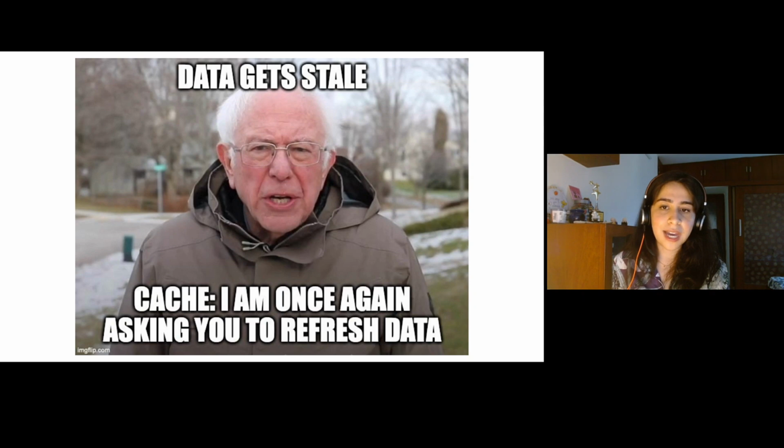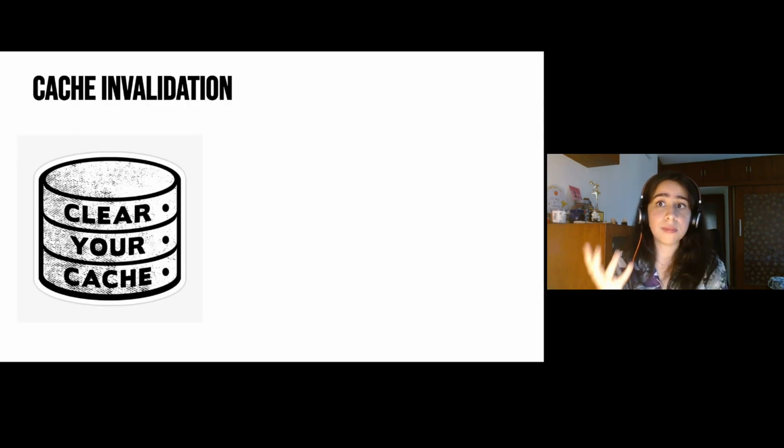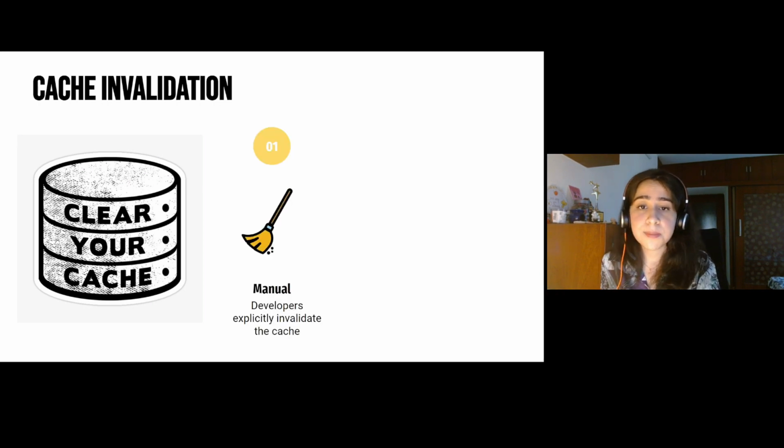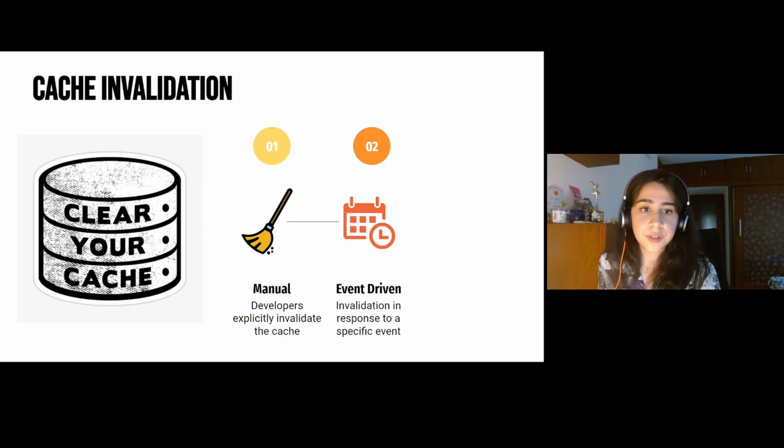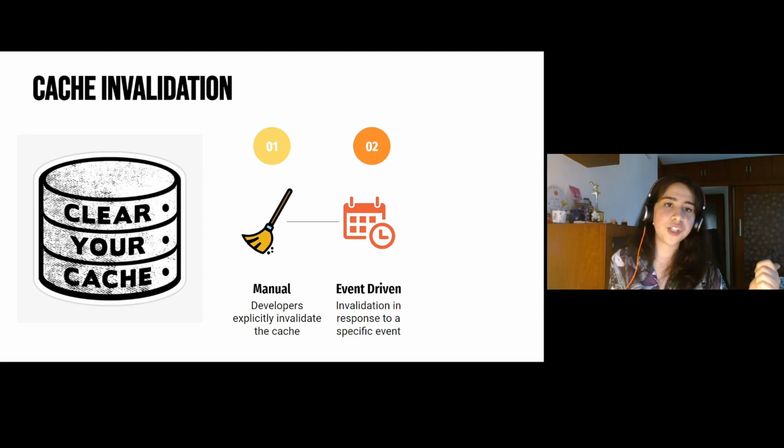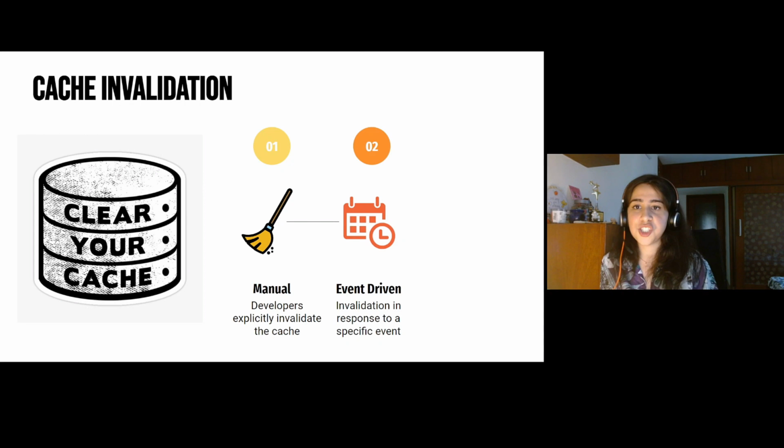For refreshing your cache, you need to do cache invalidation, that is clearing your cache. There could be three ways: manual, where developers explicitly invalidate the cache themselves, like you clearing your Chrome cache yourself. Event-driven, invalidation in response to a specific event, maybe something in the database changes and that is triggering the change in your cache.